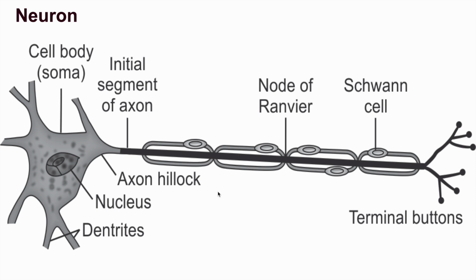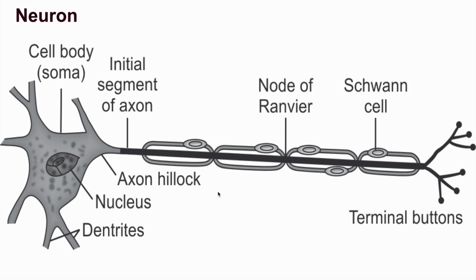The nervous system is made up of nerve cells and also glial cells, which are known as supporting cells to the nervous system. They are not conductive like a neuron. They give physical support to the nerve cells.